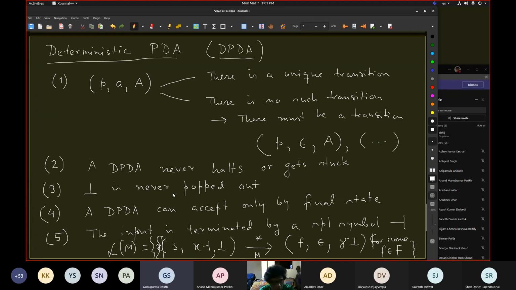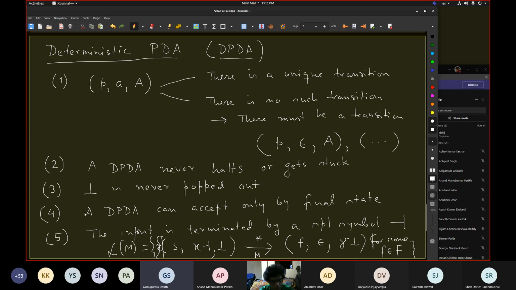So we will look at an example of a DPDA tomorrow and some properties. Maybe I will take half an hour or so. And so these are the things. For every situation, there is a unique way of evolving. It never halts or gets stuck, and therefore this cannot be popped.